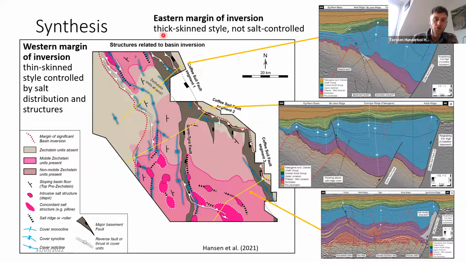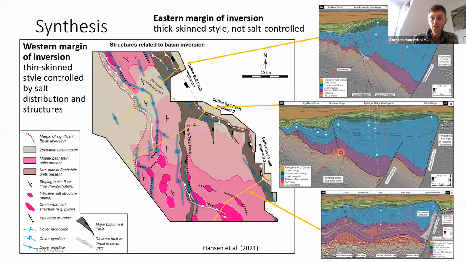The interesting stuff, though, is along the southwestern and western margin of the inverted area, where we see that when we put the inversion structural trends on top of the salt structural trends, they line up very, very nicely. There's a great correlation here, and it's really quite simple.